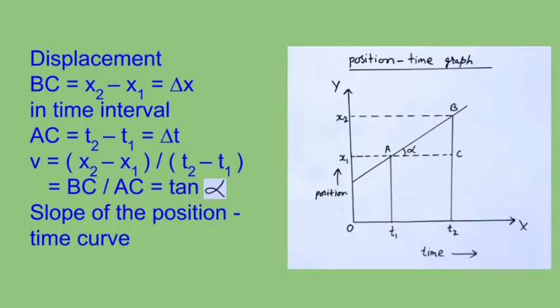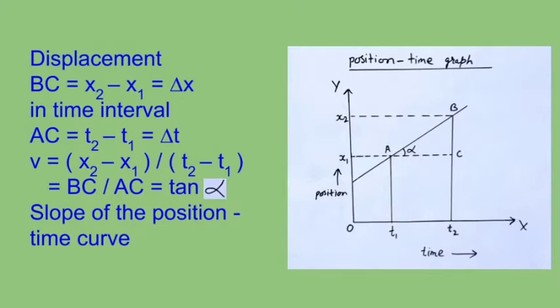Now see the position time graph for uniform motion. In the graph, time is plotted along the x-axis and position along the y-axis. You can see the displacement is BC, which is equal to x2 minus x1 or delta x, in time interval AC, which is equal to t2 minus t1 or delta t. As velocity v is equal to x2 minus x1 by t2 minus t1, which is equal to delta x by delta t, in the graph it is BC by AC, which is equal to tan alpha.